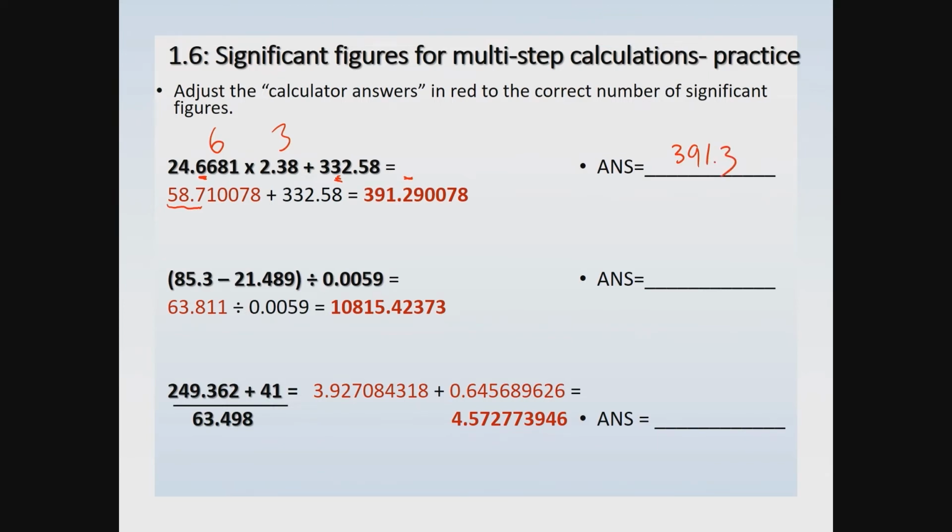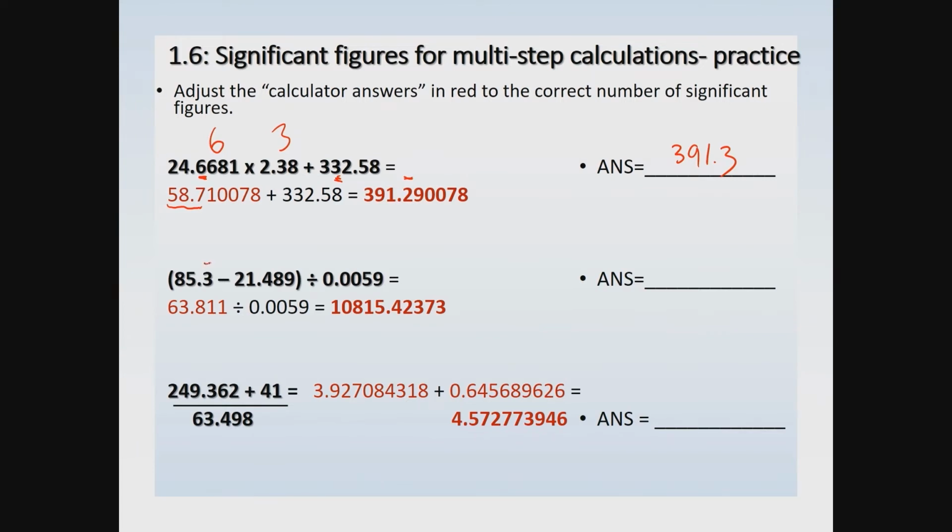Okay, for the next problem. You might remember from learning the correct order of doing operations that we do the subtraction in the parentheses first. And so if you do that, you will get 63.811 on your calculator. Now, let's indicate in 63.811 which numbers are significant from that operation you just did and what would be the estimated digit, even though you're not going to round the number. So here we have a subtraction that we're doing first, and so we apply the rule for subtraction.